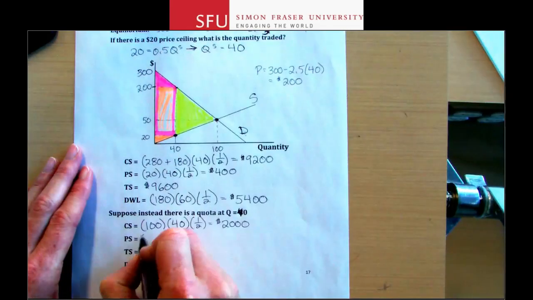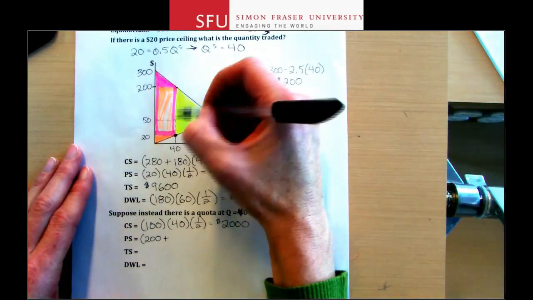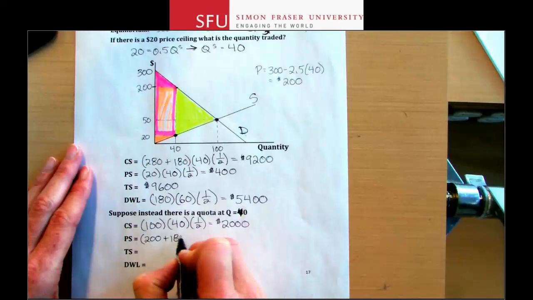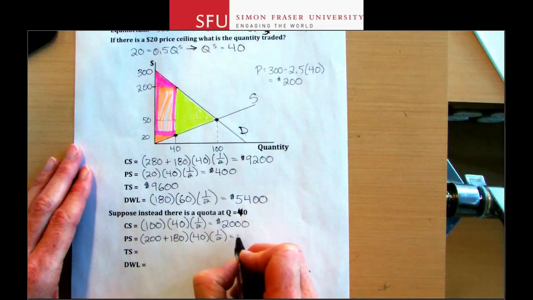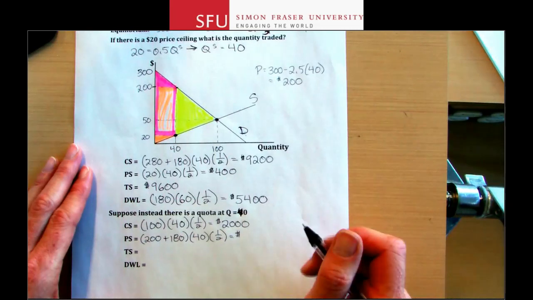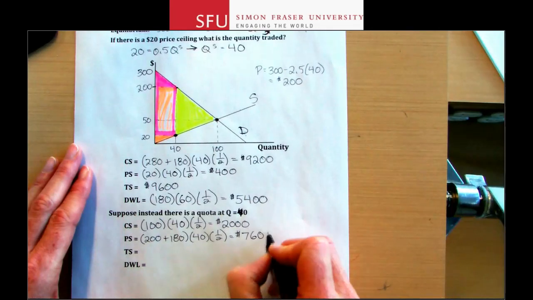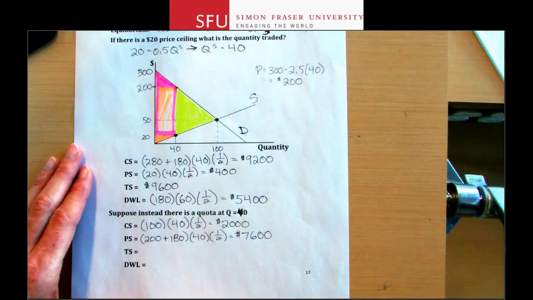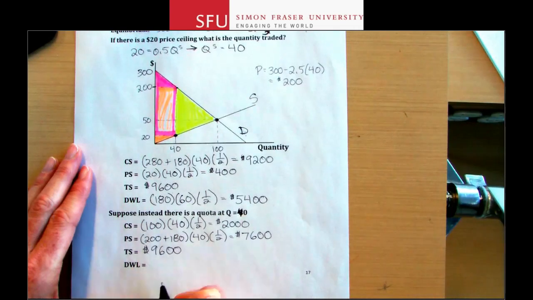So 200 plus, now this height is 180 here, right? 200 minus 20, so 180, times 40 times a half. Total surplus, now we just add those together, 2,000 plus 7,600, so 9,600. And deadweight loss is the same area, so we've already done that calculation, 5,400.